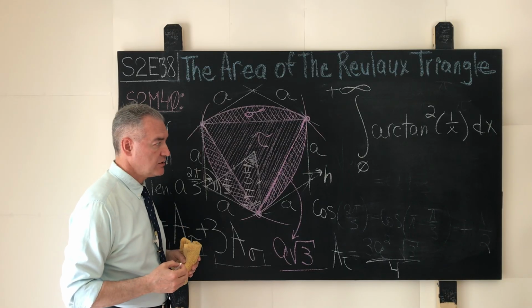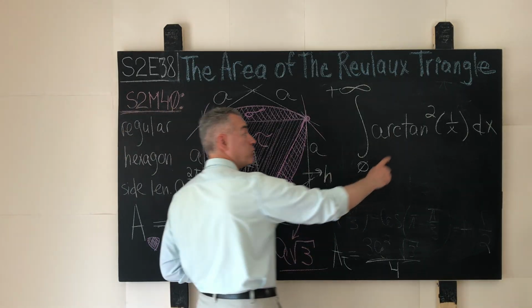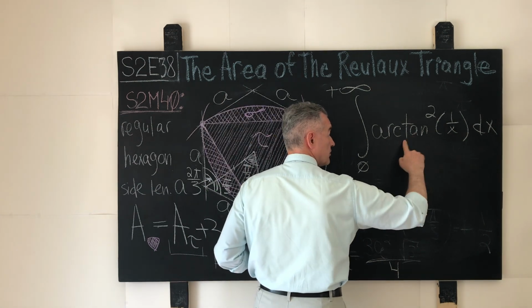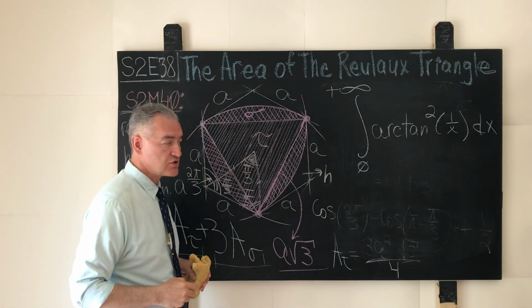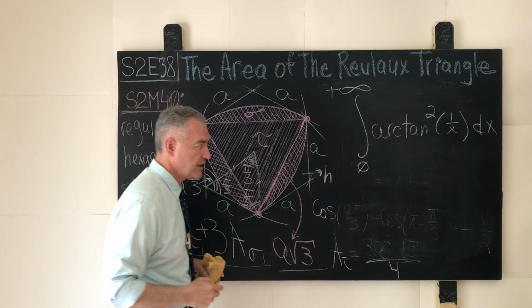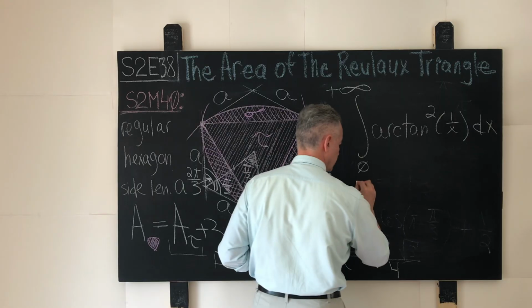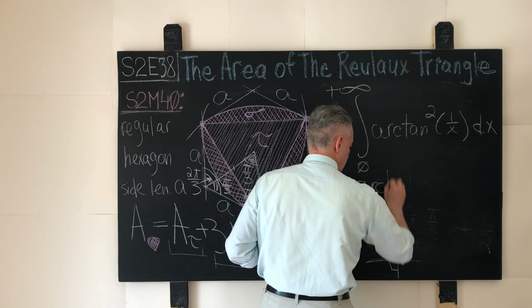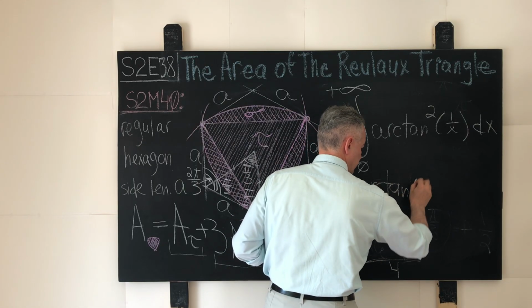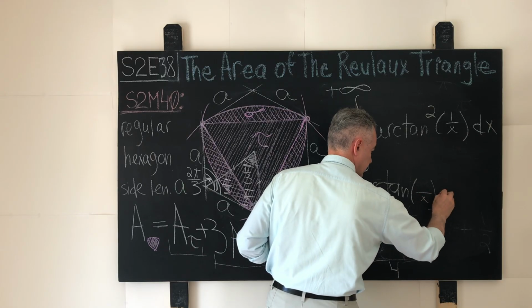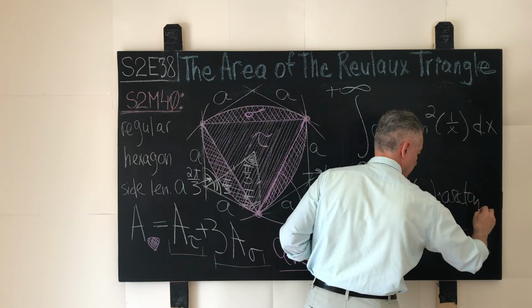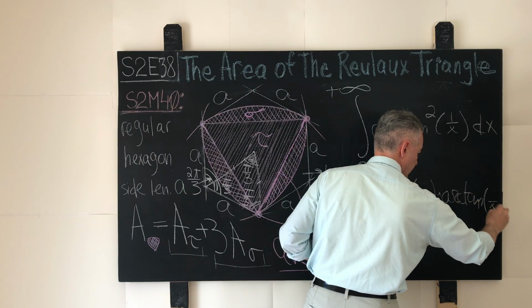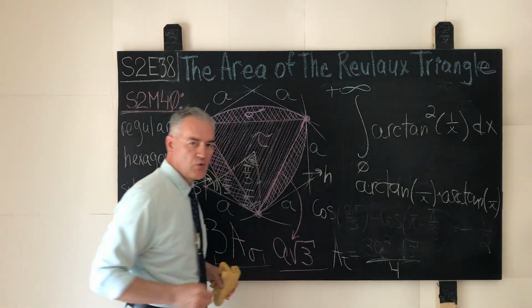However, my idea was the following: represent the square of the inverse trigonometric function known as arctan as a product of two functions, like so. Arctan of something over x times arctan of something over x, and then do what?